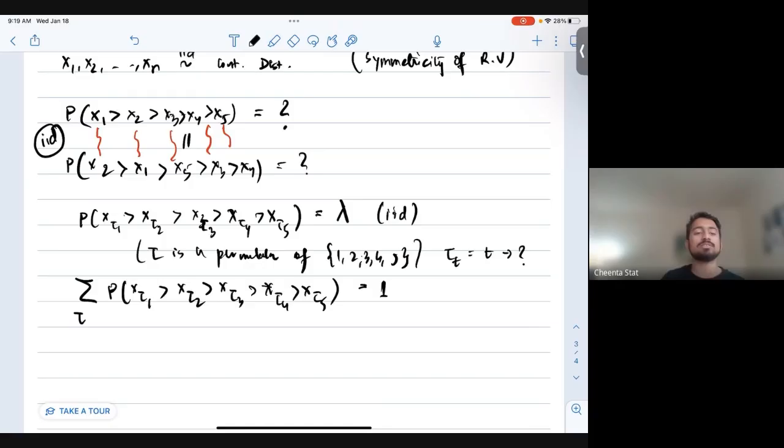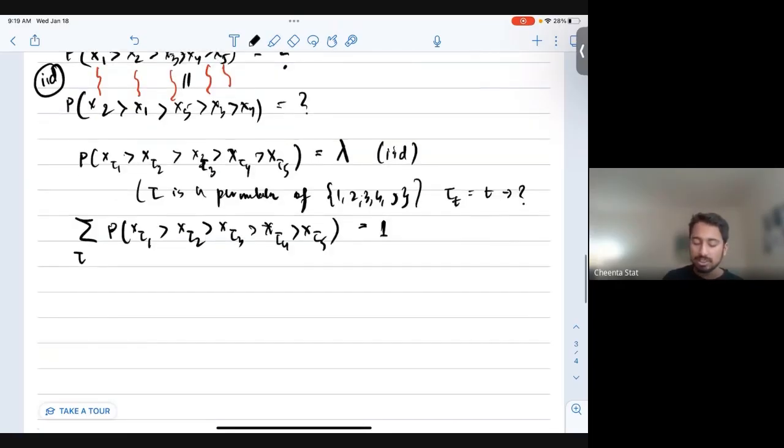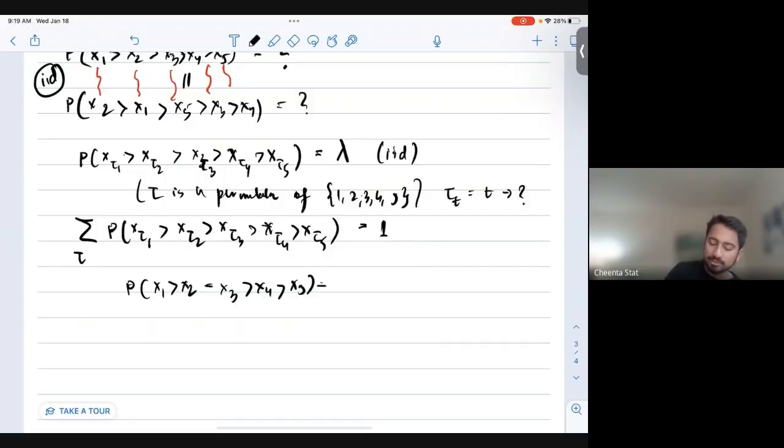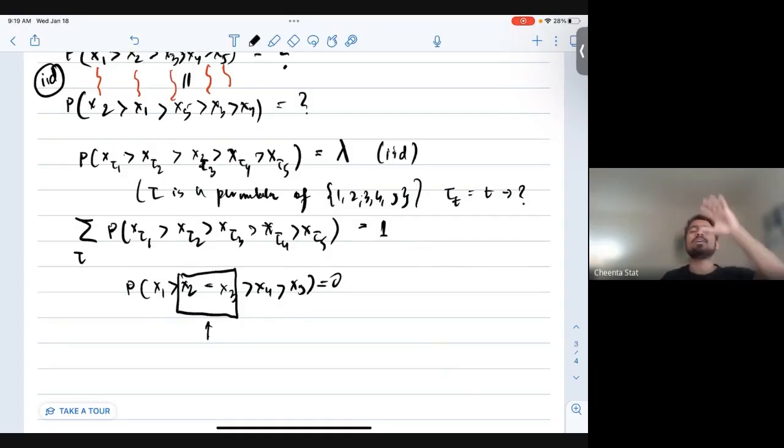Why? Because this is the only possibility. Since it's continuous, say probability X1 > X2 = X3 > X4 > X5 is always 0, because it is a continuous distribution, and this equality case enforces 0 in one dimension. It becomes a lower-dimensional thing, so the probability will always be 0.